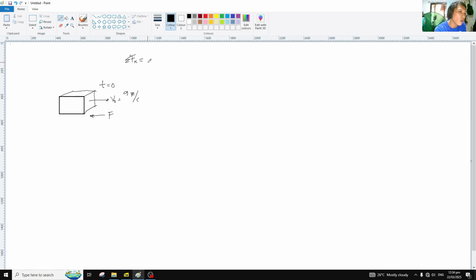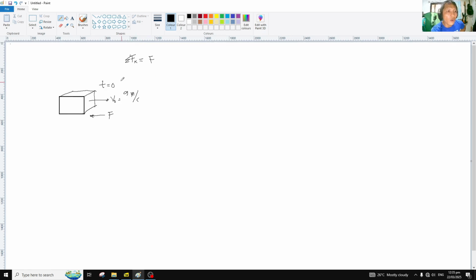You also can take note that there is a normal force, but there's no connection between your normal force and the summation of forces on x. Usually there is if there's friction, because you have an equation for the normal force with respect to frictional forces. Since there is no friction, the summation of forces on x will just be equal to your F, which is going to the left.